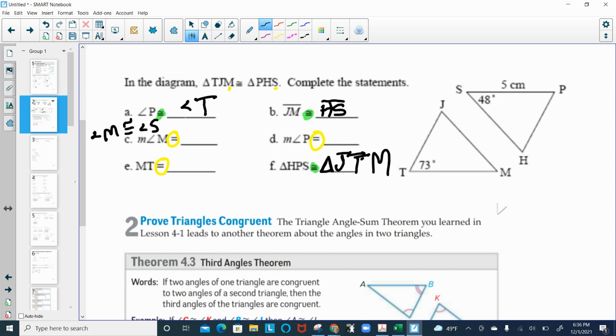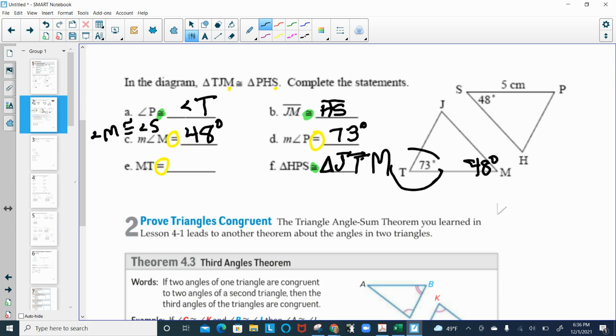If we know angle S is 48, then angle M is also 48. Because remember, congruent means that their sizes are the same. How about angle P? The measure of angle P, well, that's going to be the same as the measure of angle T. And we happen to know the measure of angle T is 73 degrees.